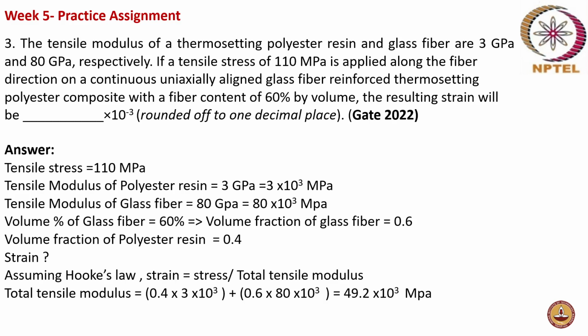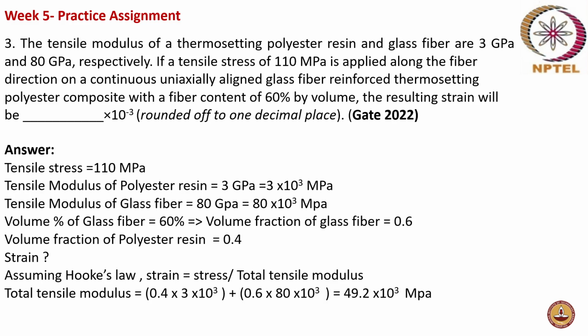That is what is given in the solution. The tensile stress is 110 megapascal. The tensile modulus of polyester is 3 gigapascal, and just for unit consistency I am converting it into 3 into 10 power 3 megapascal. 1 gigapascal is 1000 megapascal, right?